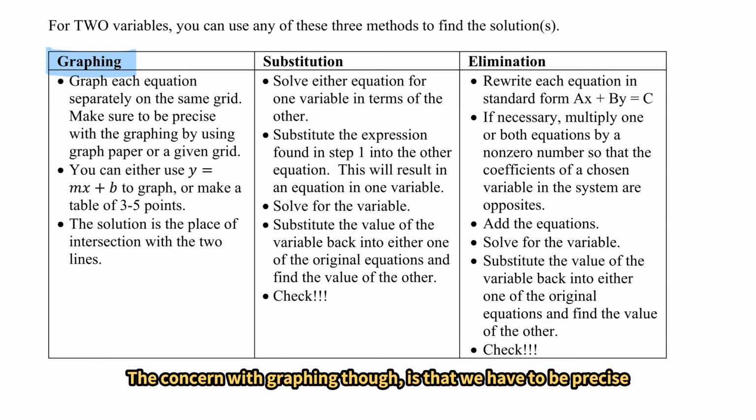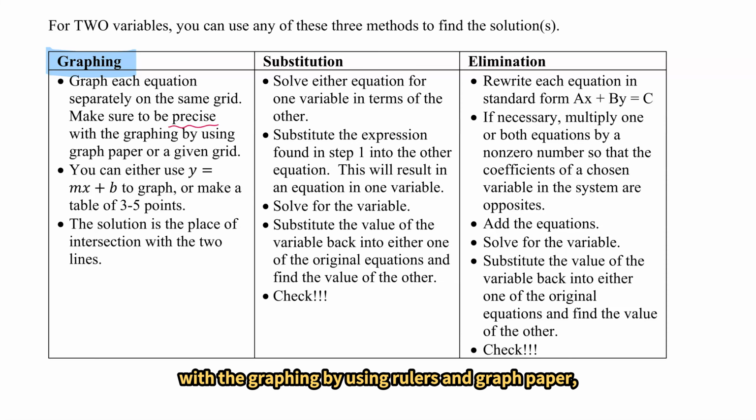The concern with graphing, though, is that we have to be precise with the graphing by using rulers and graph paper, and that can get pretty tricky. Also, if our solution isn't nice integer ordered pairs, then finding the values of the solution could be difficult.